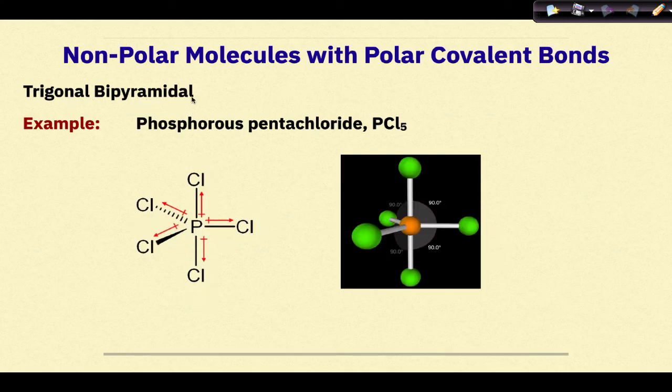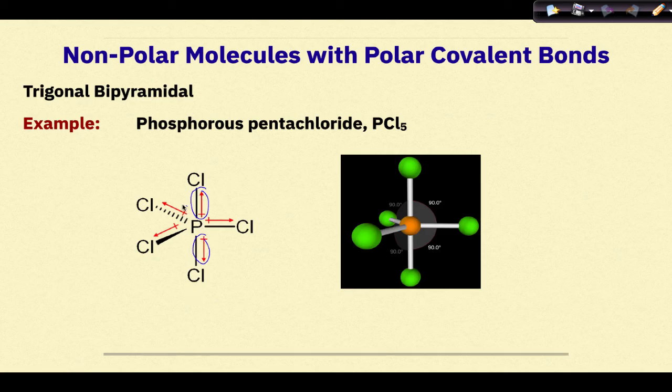Trigonal bipyramidal. Our next example is phosphorus pentachloride, PCl5. In this one, you really need to be careful because, again, all the terminal atoms are the same. They're all chlorine. We look at these polarity arrows and we can see that this arrow and this arrow cancel each other out because they're on the same plane.